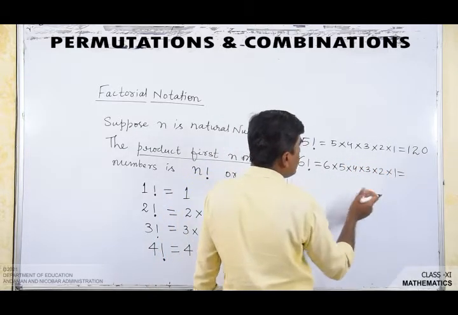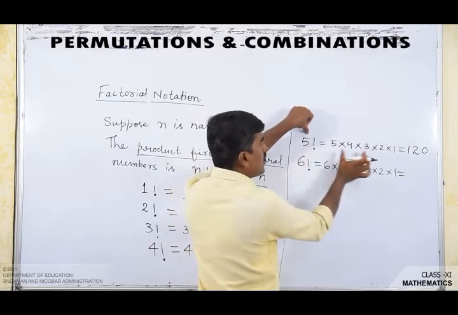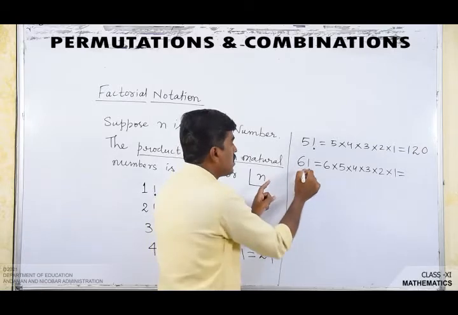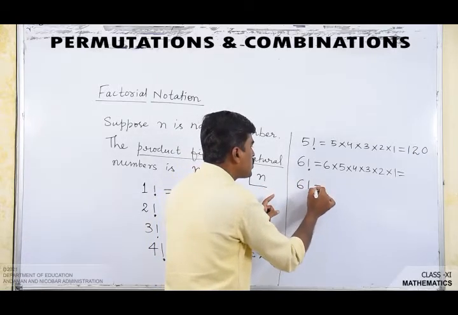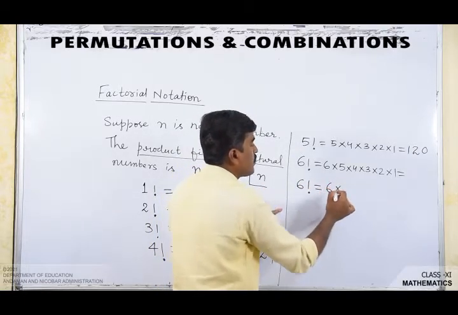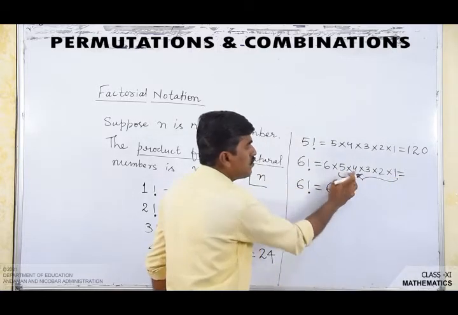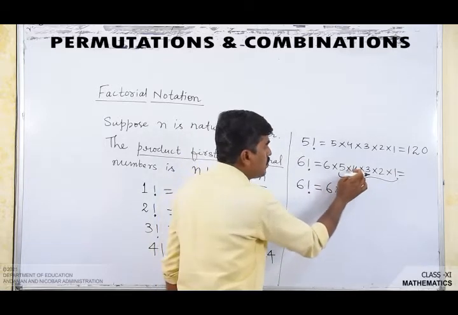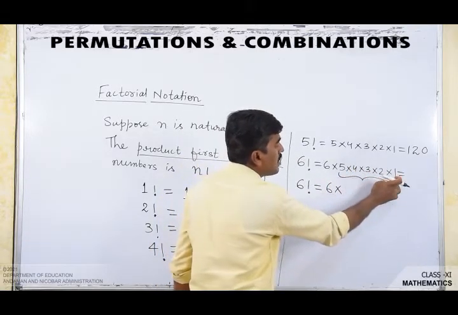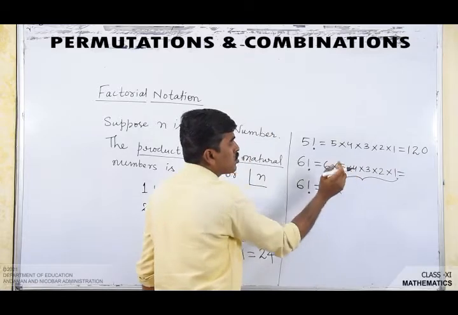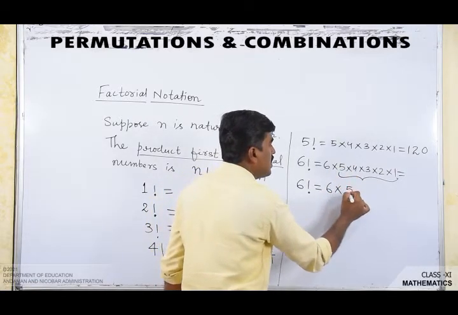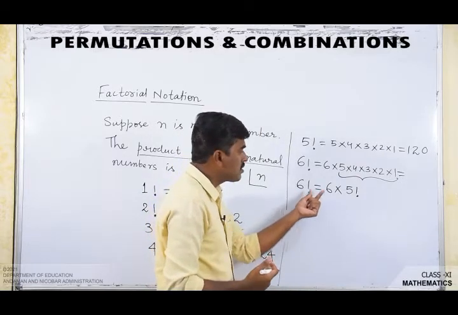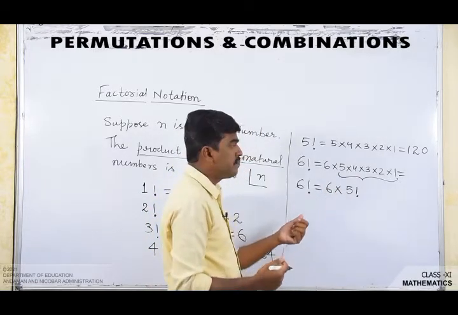Now it is 5 factorial, so 5 factorial is 120. This 6 factorial, listen very carefully, can be expressed as 6 into 5 into 4 into 3 into 2 into 1. We can write this 5 into 4 into 3 into 2 into 1, that means it is the product of first 5 natural numbers, so we can write it as 5 factorial. 6 factorial can be written as 6 into 5 factorial.